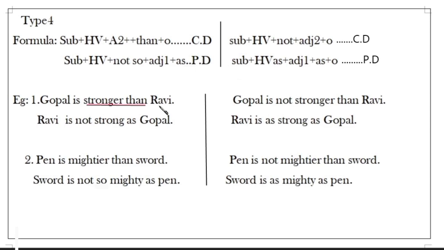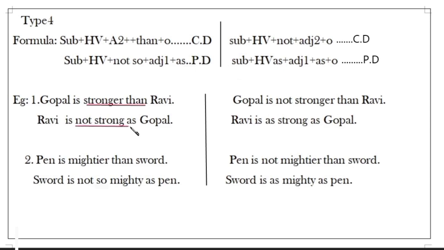When it is in positive form, the positive degree we have to write in negative form: Ravi is not as strong as Gopal.